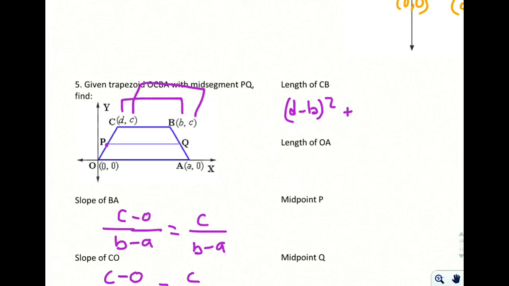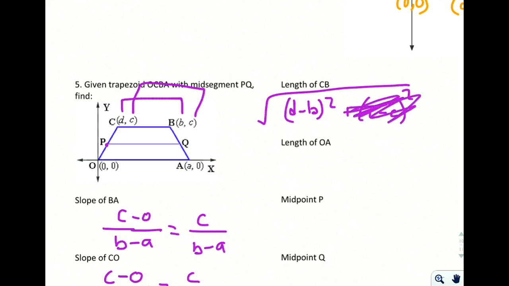And then our y's are c minus c apart. Well, we know what that's going to be. That's going to be 0. So that's going to actually go away. And in fact, if that goes away, because that's 0, the square root of something squared also cancels itself out. It's kind of like the examples we were doing earlier. And we're just left with d minus b as our length of CB.